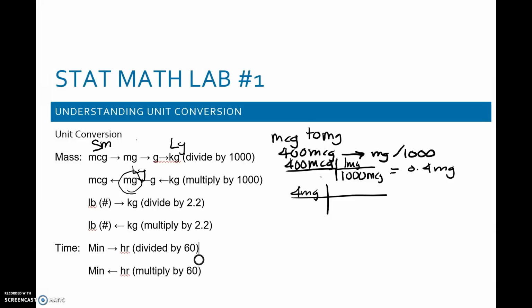We know that there is 1 milligram in 1,000 micrograms. Now you see we're actually multiplying by 1,000. So 4 milligrams will give you how many micrograms? 4 times 1,000 is 4,000 micrograms.